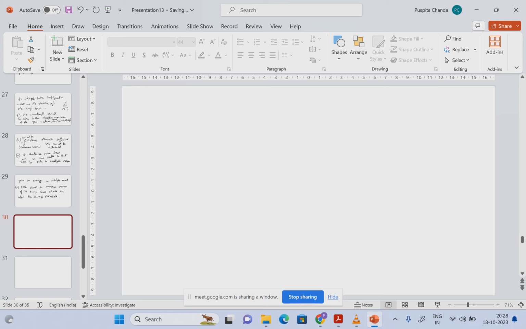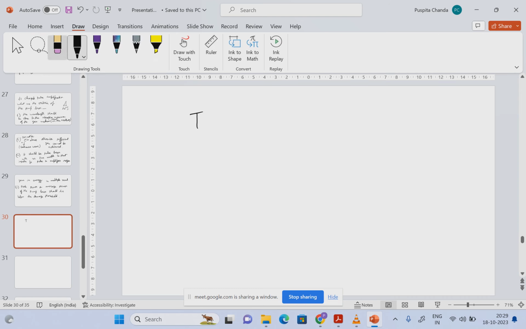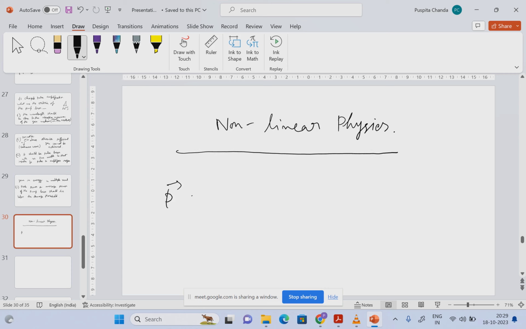So, as you already know, polarization is chi E. Okay.